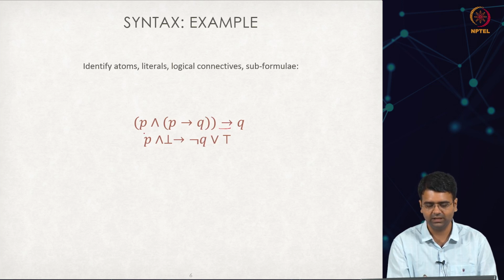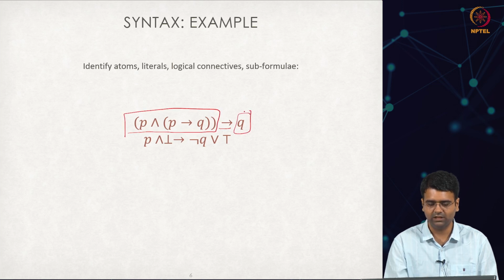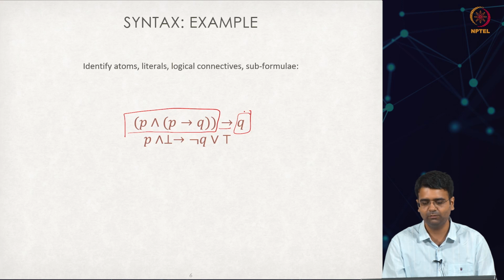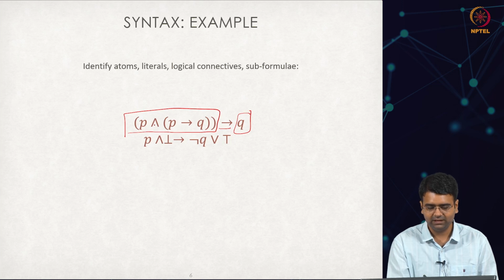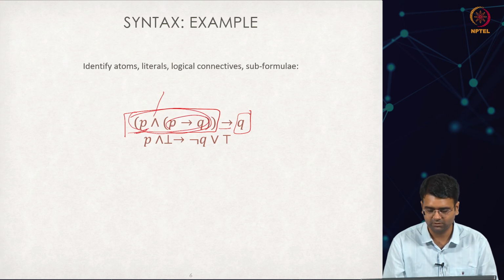So what are the subformulas? This is the first subformula and this is the second subformula. Every formula is obtained by applying a logical connective to subformulas. Similarly, this particular formula is obtained by applying the logical connective and to these two subformulas, which is P and P implies Q, and so on.